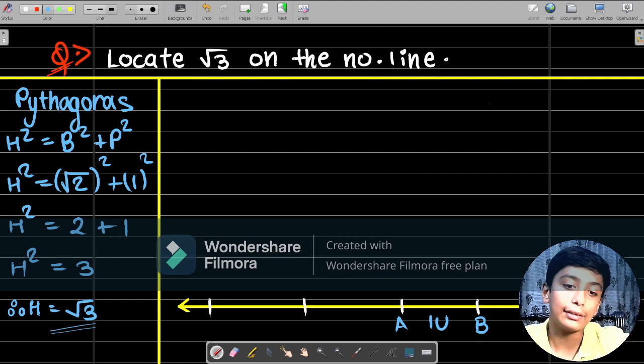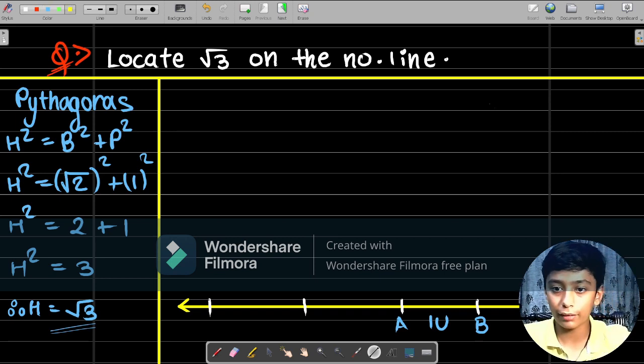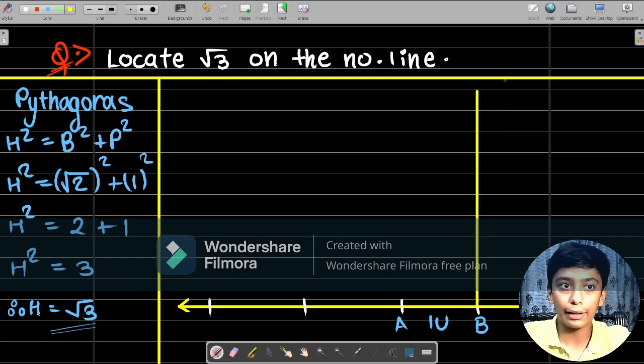Now I am going to draw a perpendicular over here. For the perpendicular, let me again take a yellow line. From here I will draw the perpendicular, this much big, and then arrows.